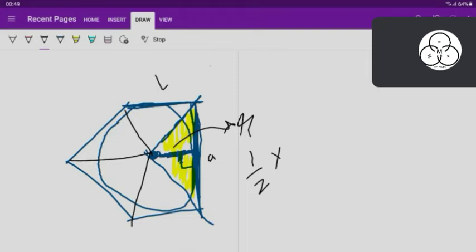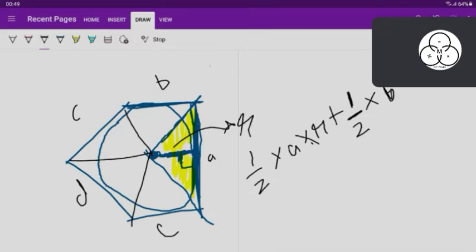Say this is A, this is B, C, this is D, this is E. Half into A into R plus half into B multiplied by R, and so on, half into E multiplied by R will give us the area.